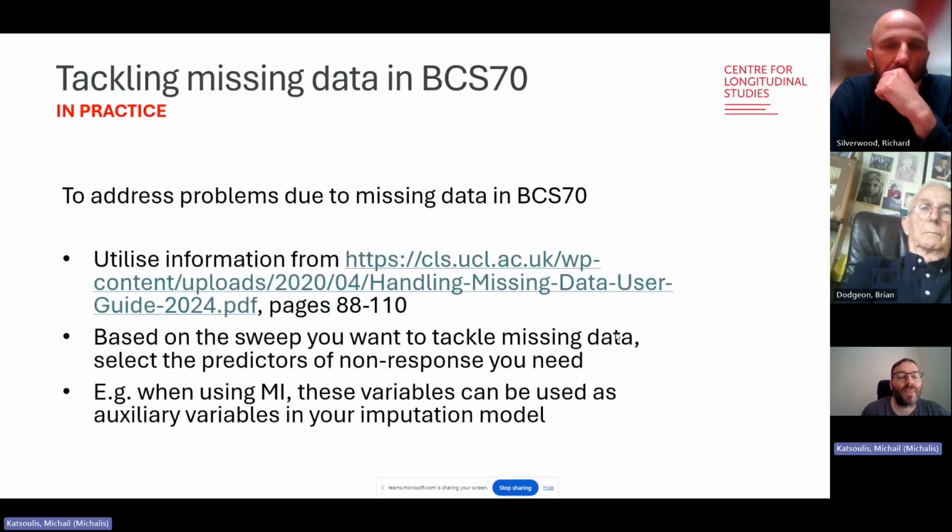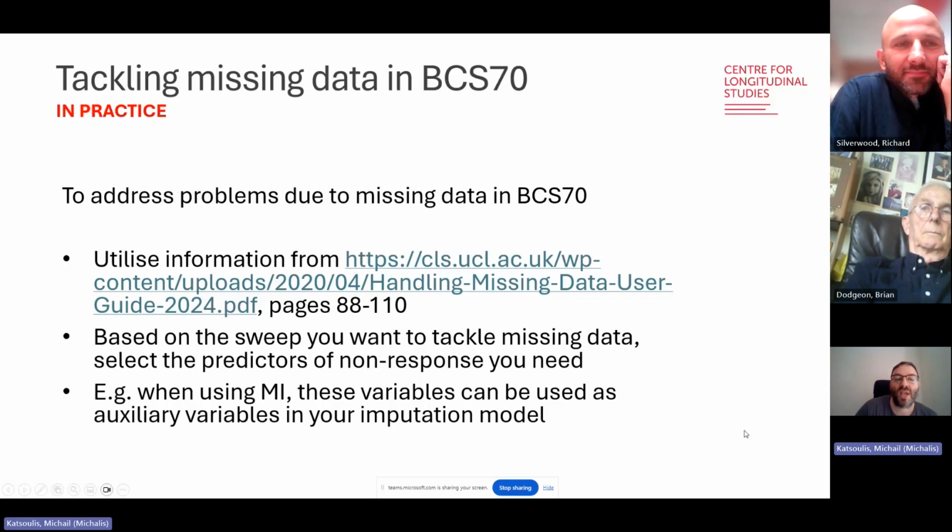So now someone will ask, okay, in practice, what should I do? You implement all this methodology, okay, but now I have problems with my analysis where I utilize the BCS70 and I have to address problems due to missing data. What should I do? You should not do everything from scratch.